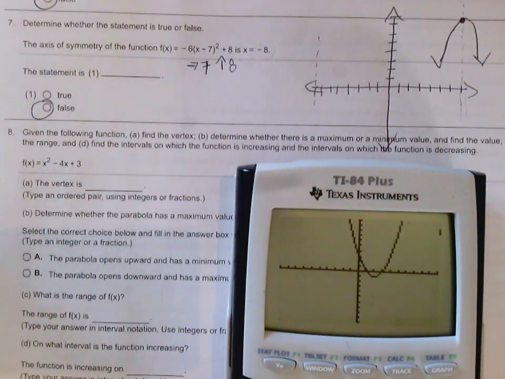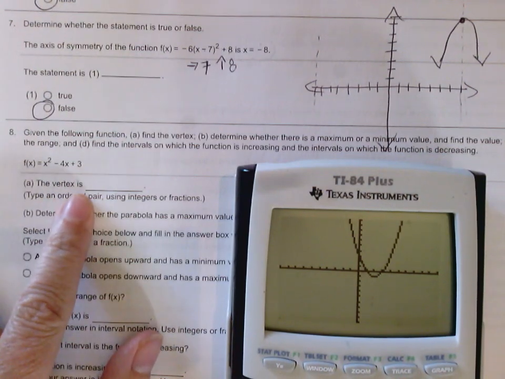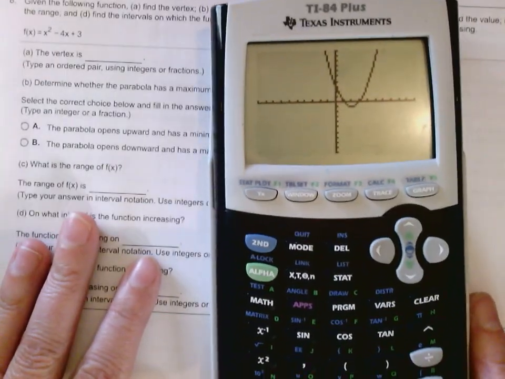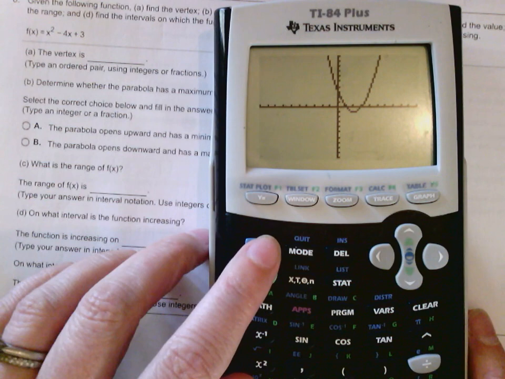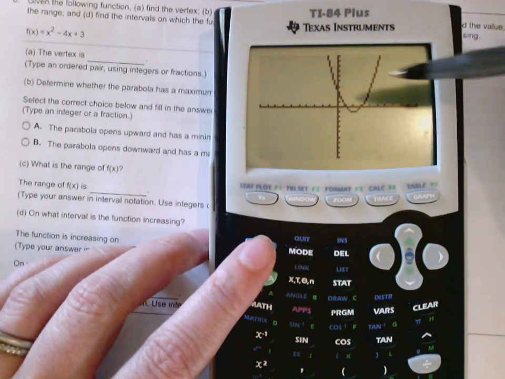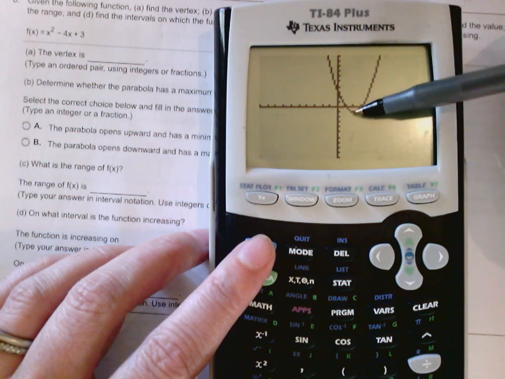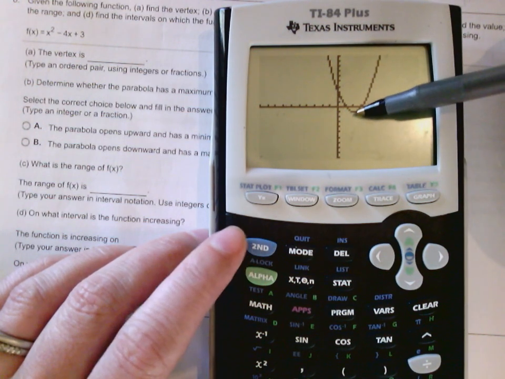Because remember, once I've graphed it, then I can actually find its vertex from this graph. So remember, in order to find the vertex, hit. Now, it's not going to say find vertex. It's just going to say find a maximum or minimum. And this one has a minimum since the vertex is at the bottom.